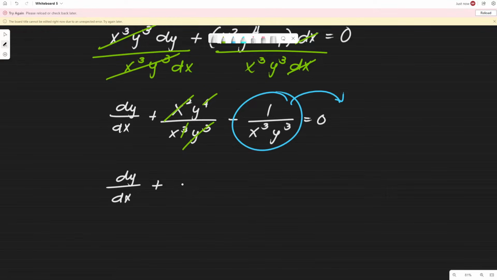plus 1 over xy is equal to 1 over x cube y raised to negative 3. No? Sir, bakit inangat mo? Kasi 'di ba, remember, we are in the form of dy over dx plus p of x y is equal to q of x y raised to n.